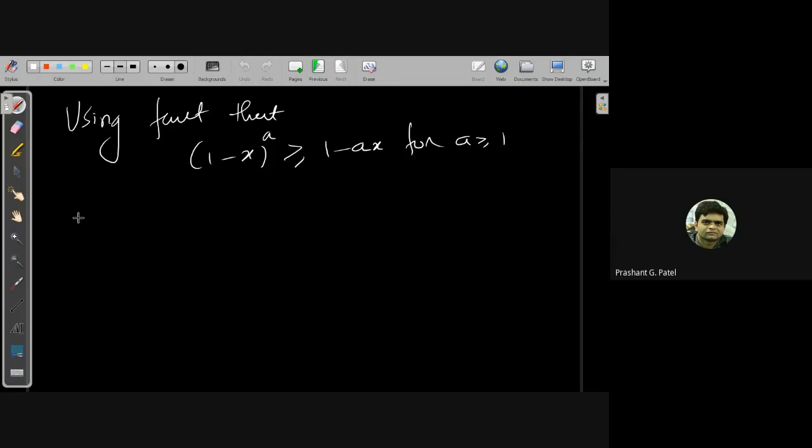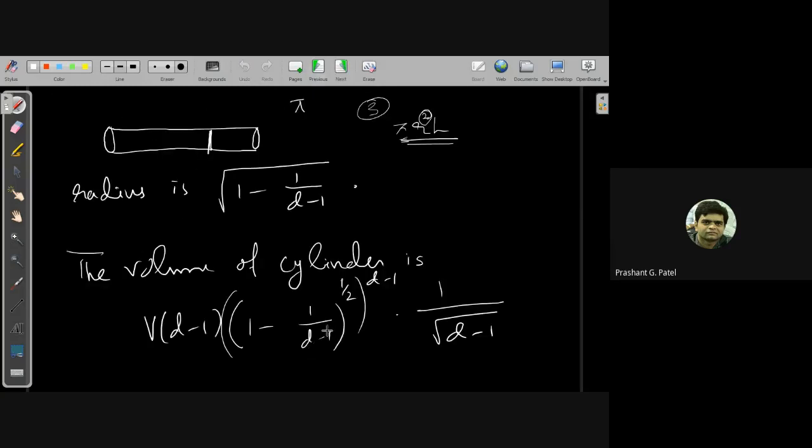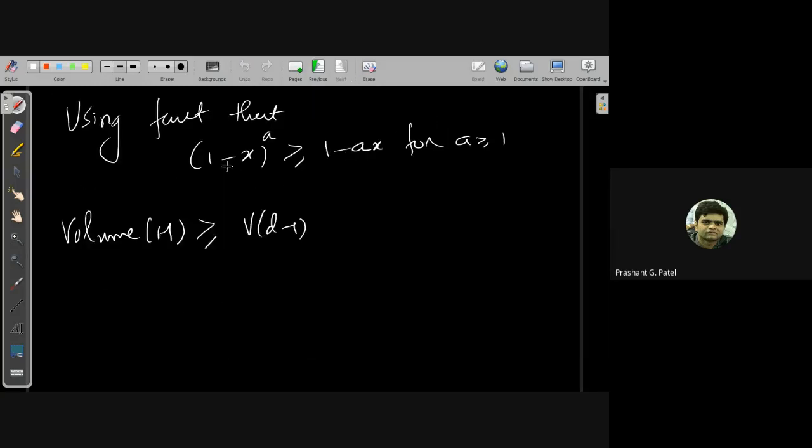that means what we can say is the volume of h is greater than or equal to, because we are finding the lower bound of that. The lower bound we have calculated like this, that is V d minus 1. And here I want to use this one.